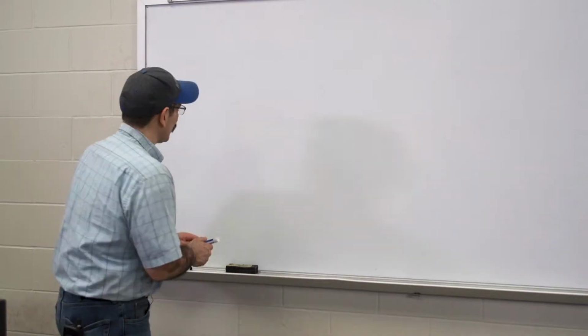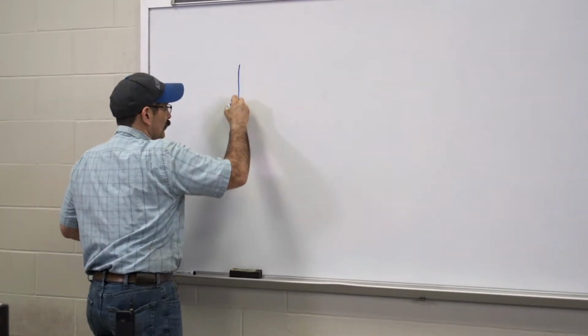Welcome. Today we're going to talk about some of the basics of figuring the size of a blank before you bend it in a press brake. You may get a picture of a piece, and it may look like this on the print.